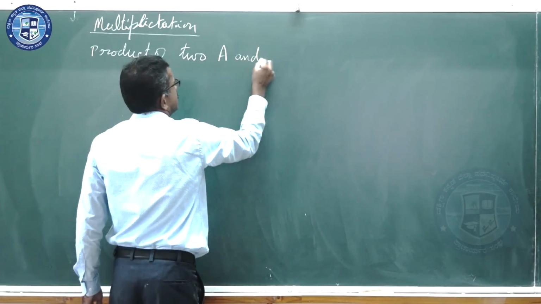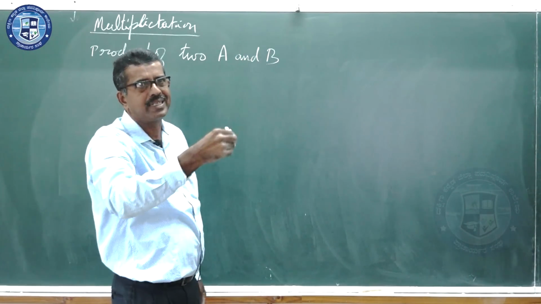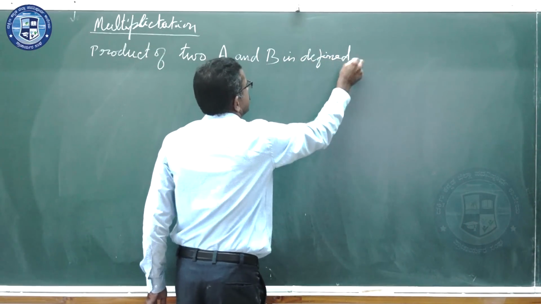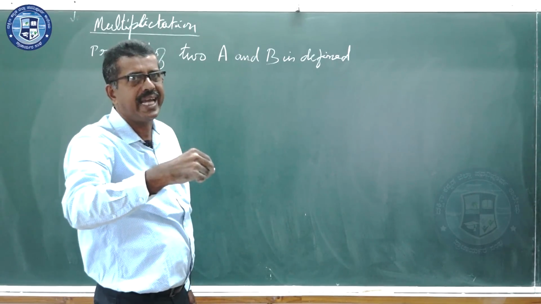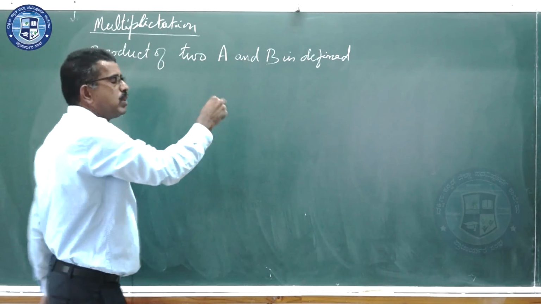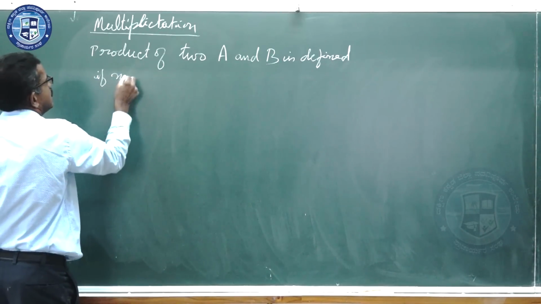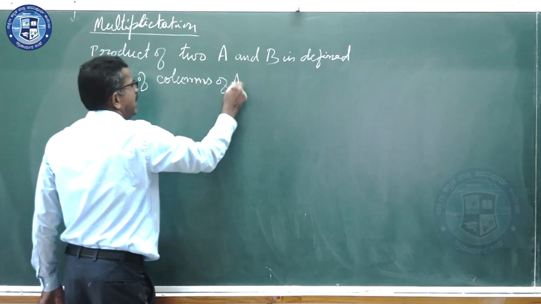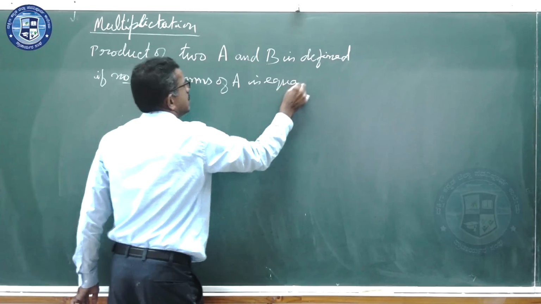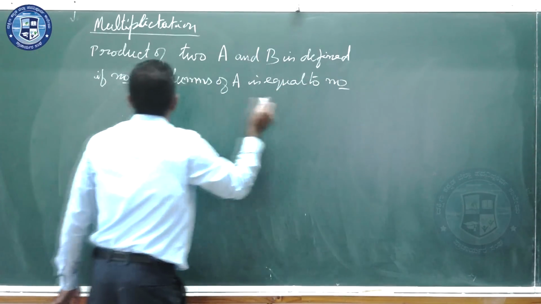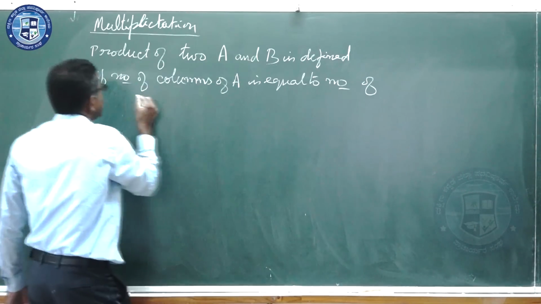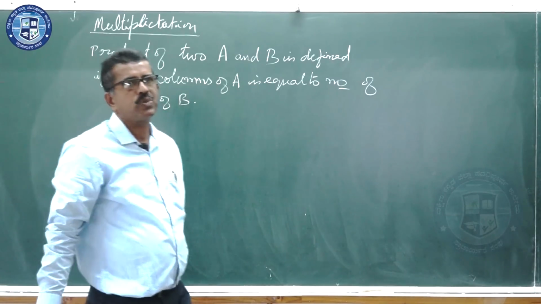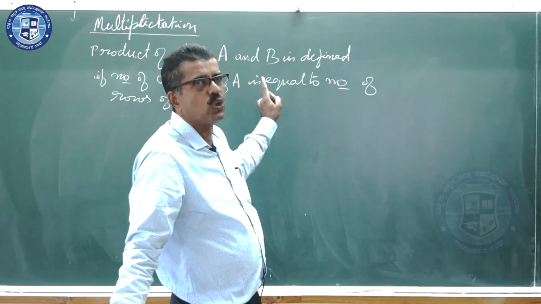The product of two matrices A and B is defined only when the number of columns of A is equal to the number of rows of B.